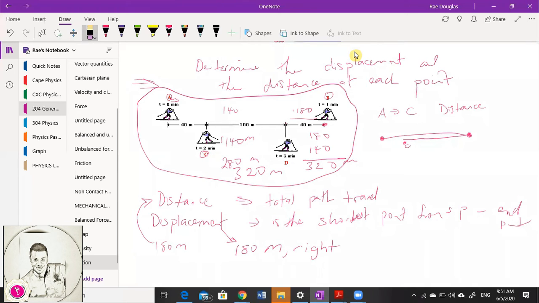We're talking about, remember, the displacement is the shortest distance from the starting point to the end point. The starting point is A, end point is C. What is the distance between that? 40 meters, exactly, because from here to here, that's 40 meters. But we now need to incorporate the direction. He's moving to the left, so he goes right, left. He's going in that direction.